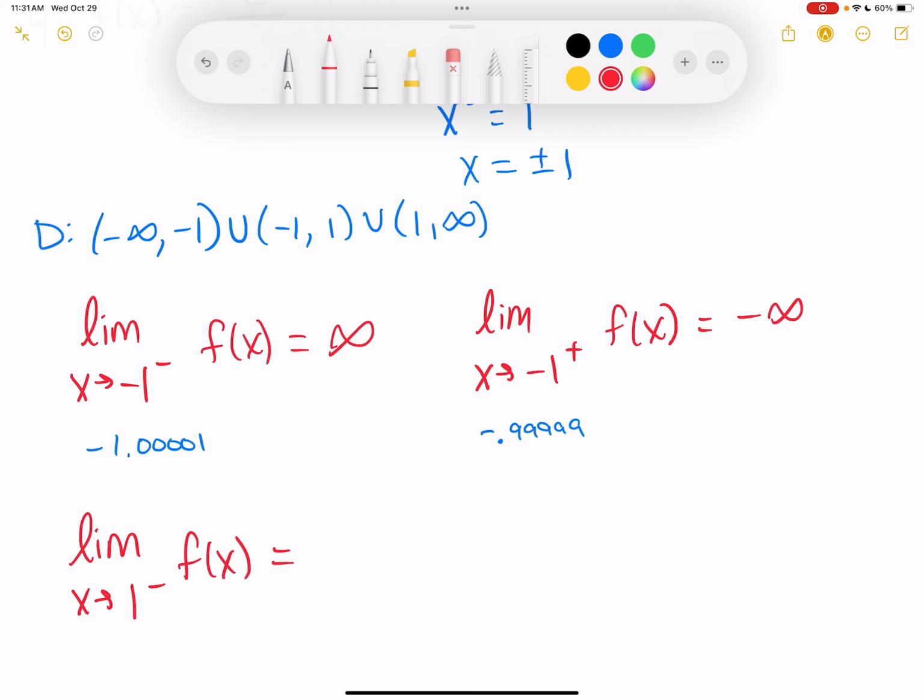Yeah, so negative infinity. And then the limit as x approaches 1 from the right, 1.00001, positive infinity. And that makes sense because the numbers were being squared and these are swapped.